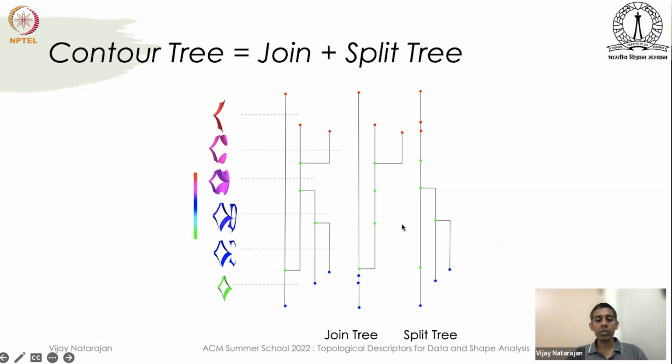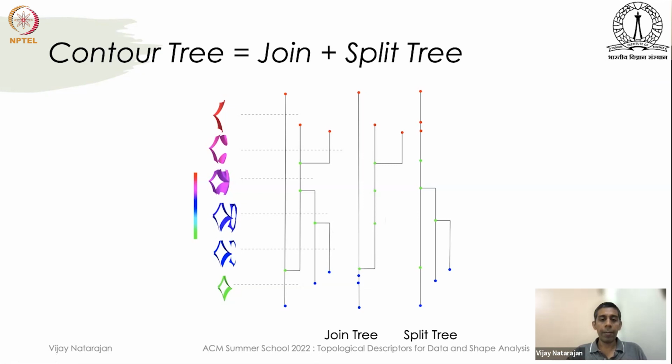And this was formally proved in a 2003 paper by Carr and others. And since then, this idea of splitting a contour tree into two simpler trees has been the central idea for designing fast algorithms to compute the contour tree.